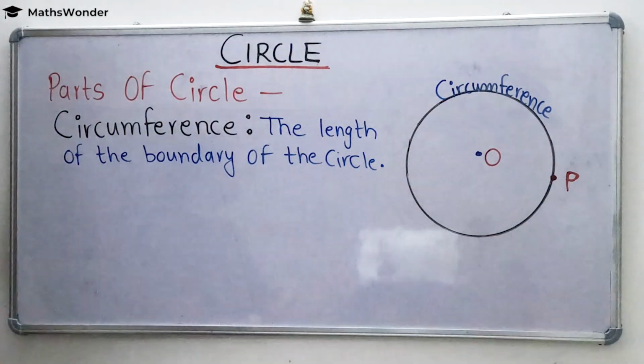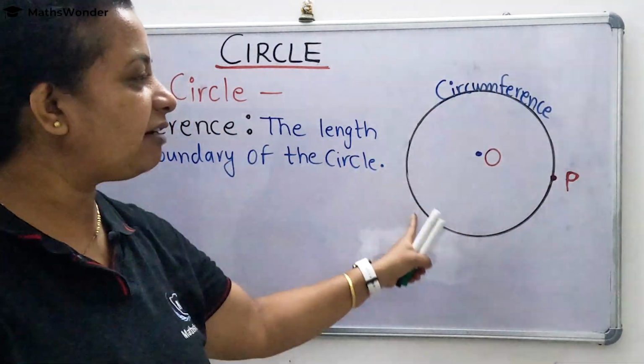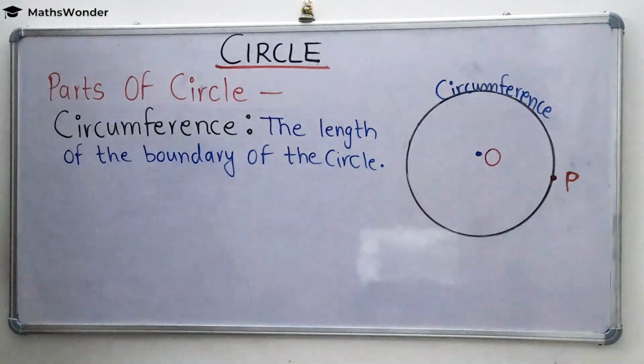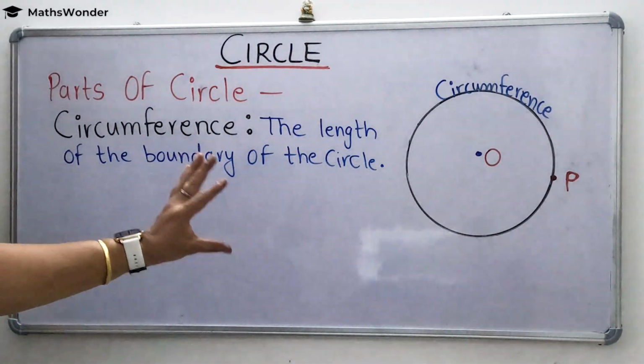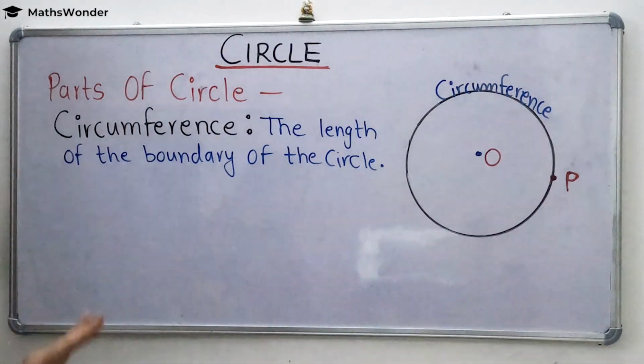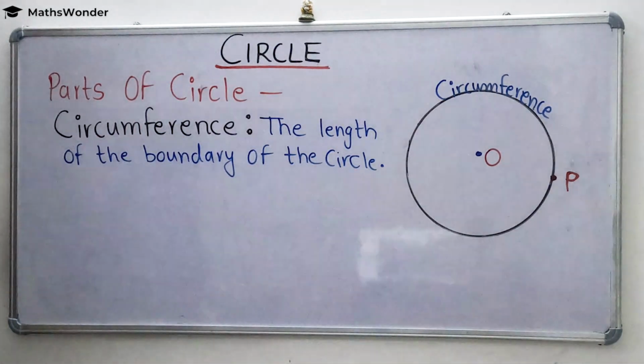The starting point and the end point are the same, so this covers the entire length of the circle. Basically, the length of the whole boundary of the circular region is called the circumference.